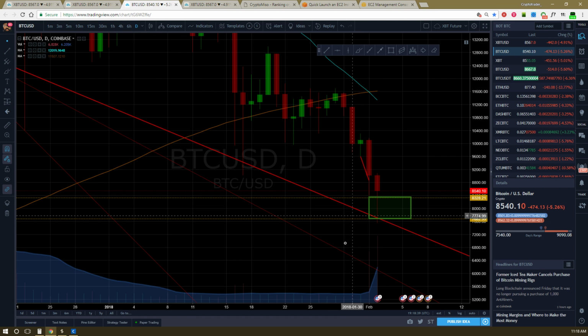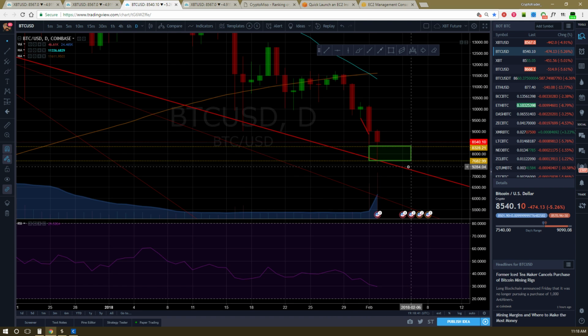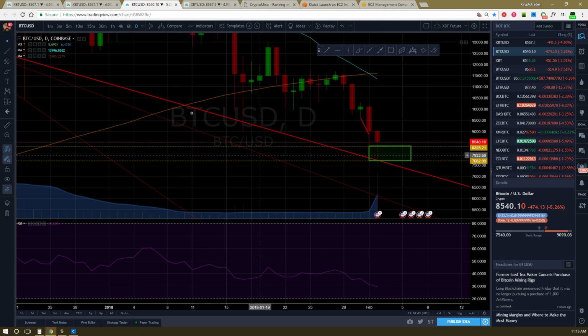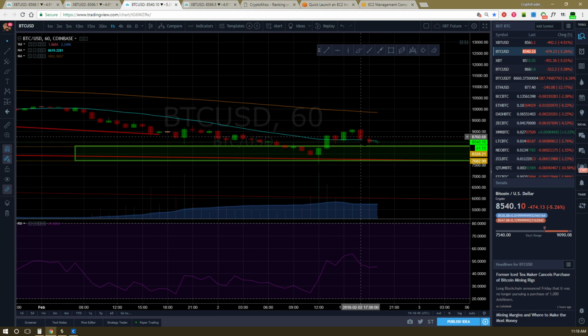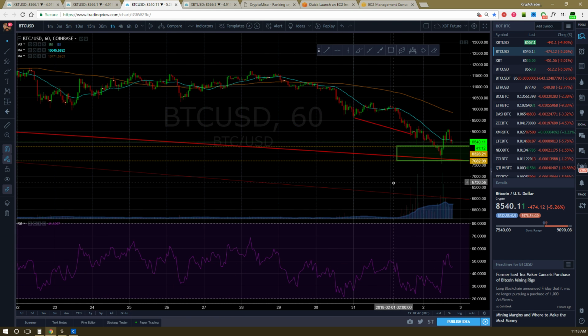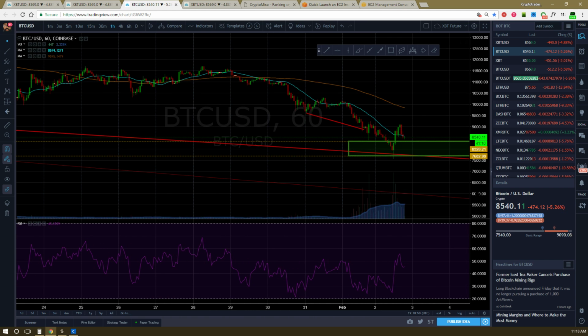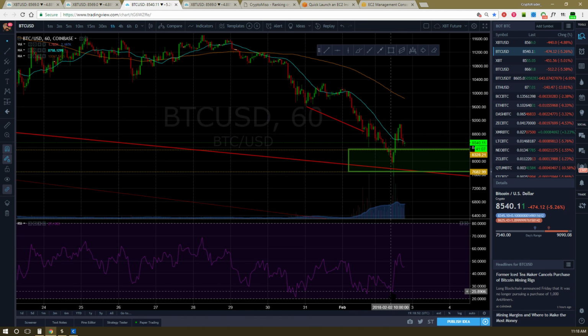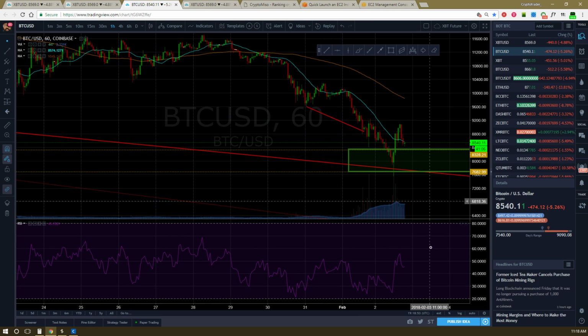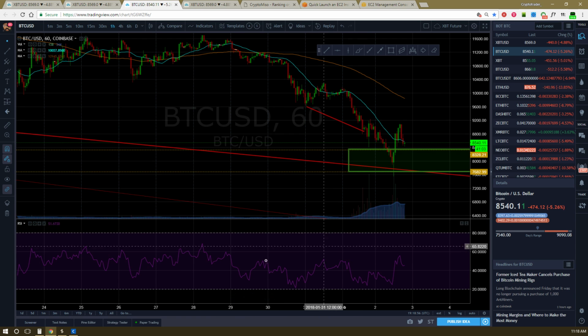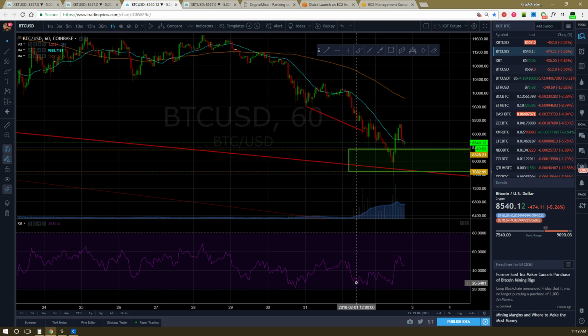Over here, I was looking at the RSI on the hourly level, and I'm not going to front. I actually should have just let my bot trade. I had drawn a line right here. It was a divergence on the hourly, and it was really me testing out the RSI. The RSI lied.